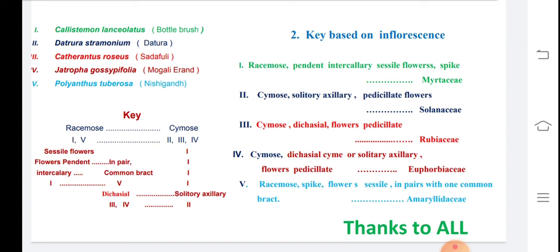So this is one side. Then on the second side, material number 2, 3, 4, right? So it is divided directly into two groups. One is the dichasial cyme and the other solitary axillary. So in inflorescence, we are considering only the type, then its characters. So here the minimum 2 steps are important for the key preparation.